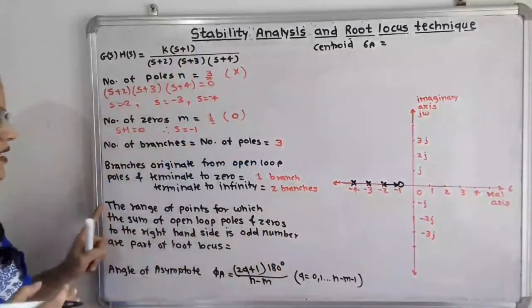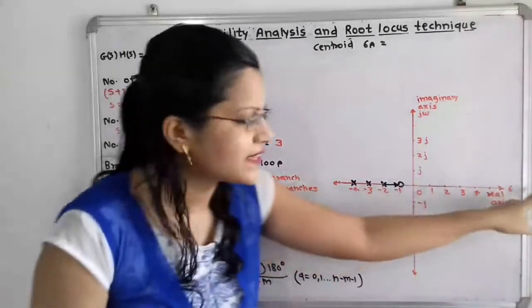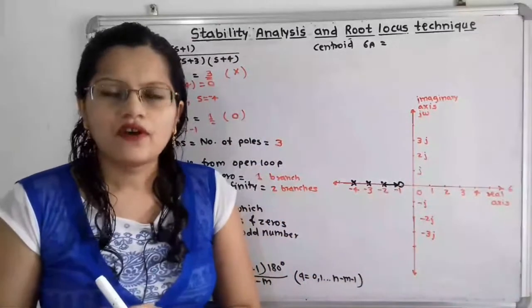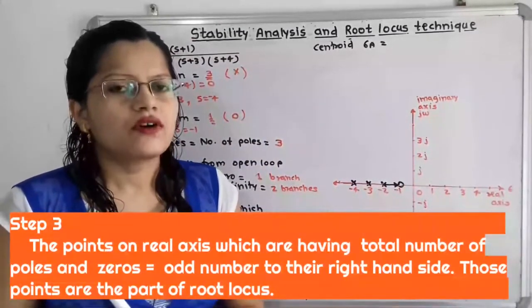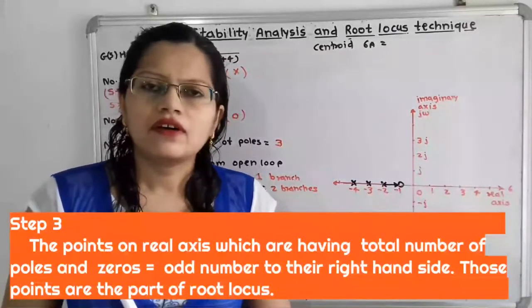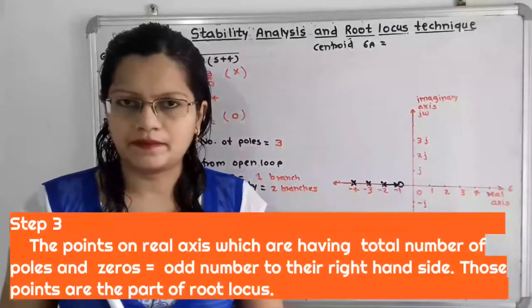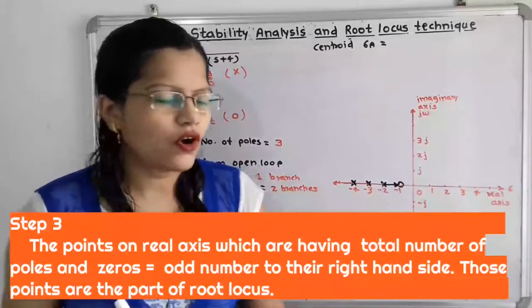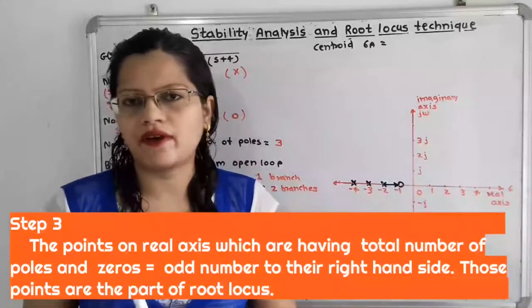The next step is we have to find out the range of points on this real axis for which the total, or we can say the sum, of open loop poles and zeros is an odd number. Now, an odd number is nothing but 1, 3, 5.